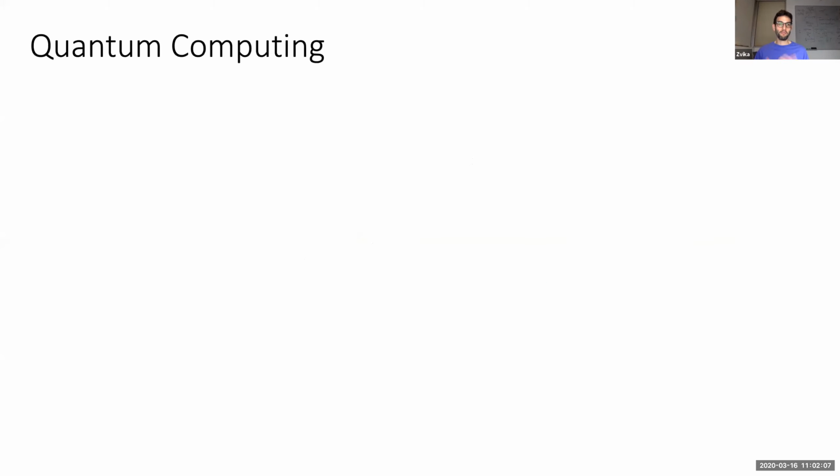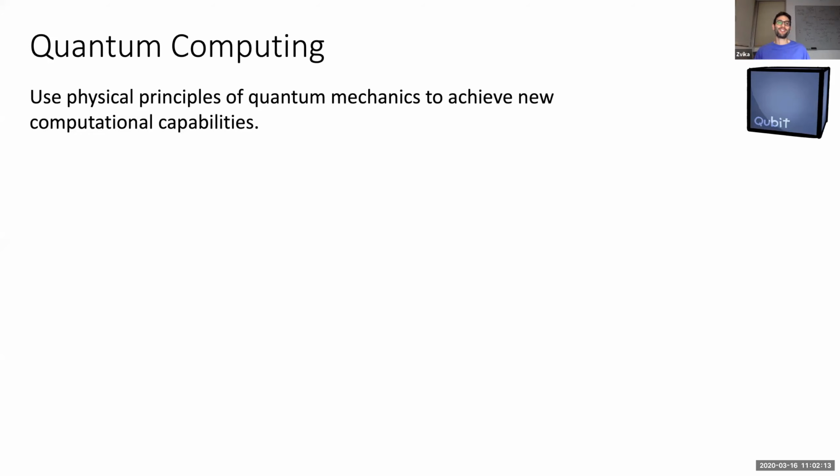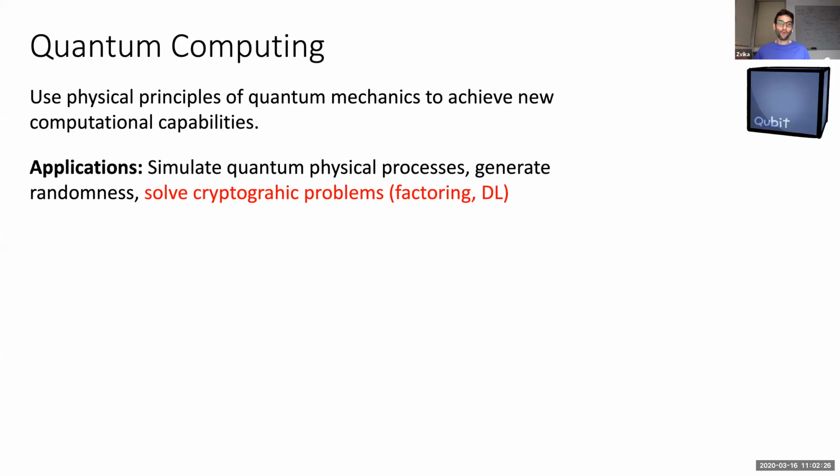All right, so let's start with quantum computing. You have to start with one of them. A quantum computer is a device that uses the physical principles of quantum mechanics in order to achieve new computational capabilities. We have an illustration of a qubit here, the basic unit of information for quantum computing. And why are quantum computers good? A very interesting application is to simulate quantum physical processes.